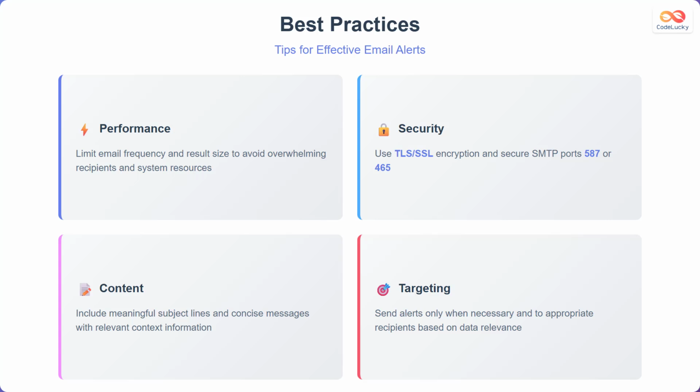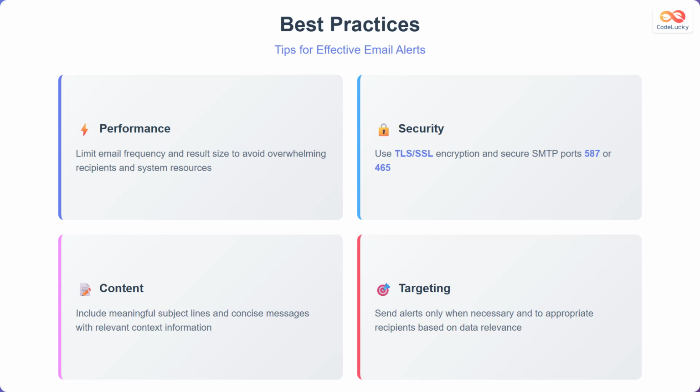Following best practices ensures your email alerts are effective and maintainable. For performance, limit email frequency and result size to avoid overwhelming recipients and consuming excessive system resources. For security, always use TLS or SSL encryption, and secure SMTP ports like 587 or 465 instead of the default port 25.